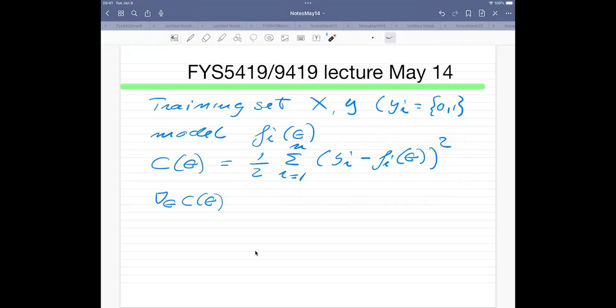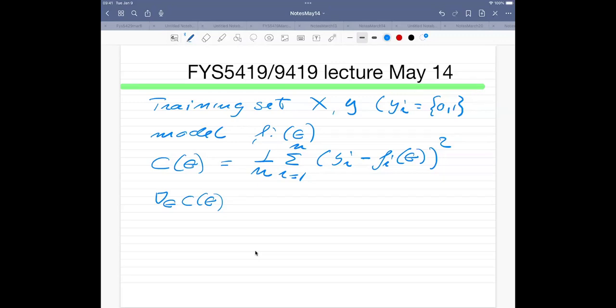Sometimes, however, and I normally prefer to actually not set it up like this, but I prefer normally to have it as the mean squared error, which is now an expectation value, a sample expectation value. So you will see in the literature that people will differ a little bit in the way they define it. Sometimes you have 1/n, and sometimes you have 1/2. So as long as you're consistent, that's the most important thing.